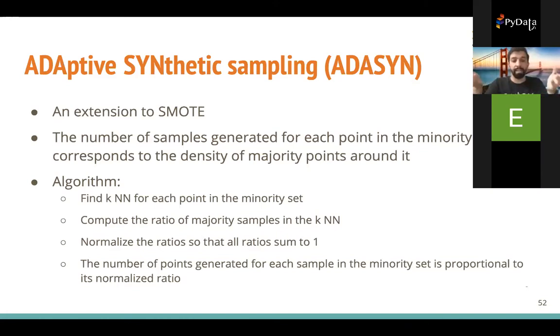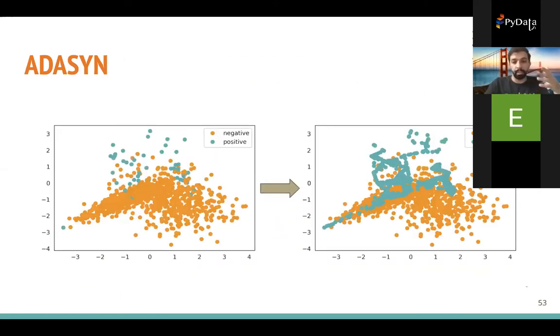That means we're going to give it 80 points. That's 0.2 of 400. And this is what it's going to look like. We see since these points have very low density of majority, we only give them very few points. And then as the density of the majority points increases, we are sampling way more.